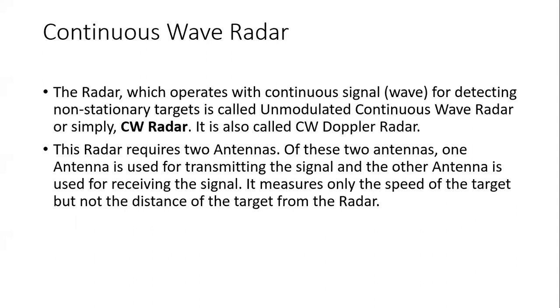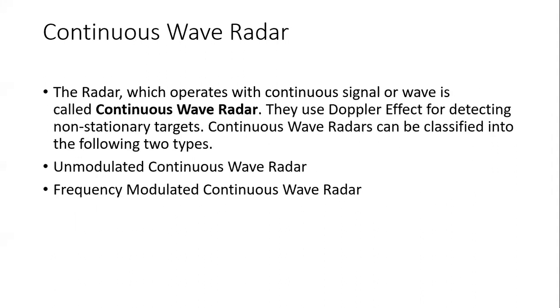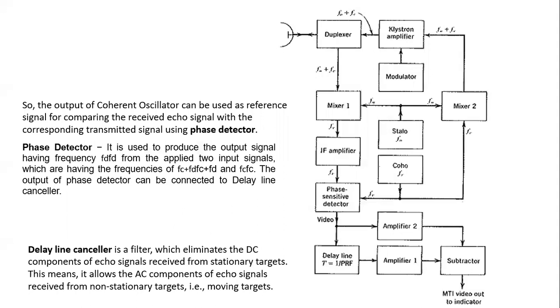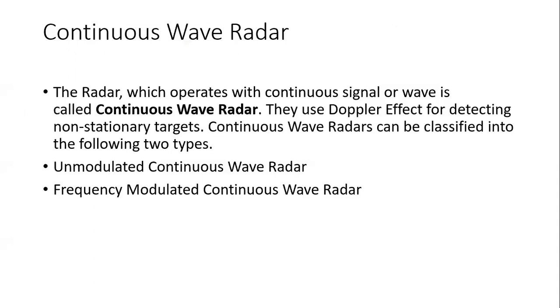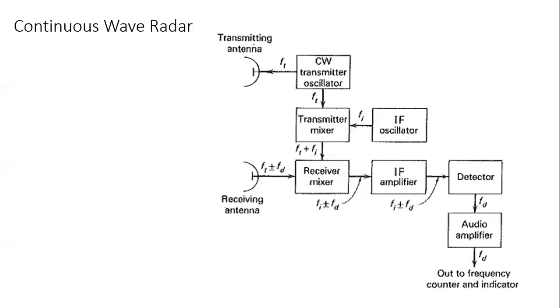The only difference between MTI and continuous wave is that in MTI we used only one antenna, which was used with the help of a duplexer, and the same antenna was used for the transmitter and for the receiver. But in continuous wave we go with two antennas, one for transmitting and one for receiving.